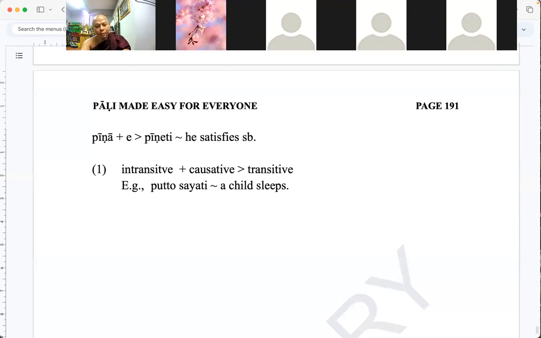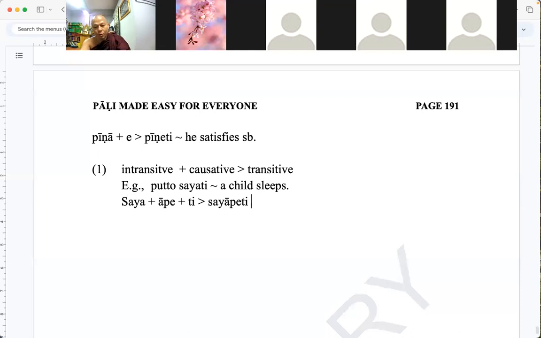That is intransitive. But the Saya joining with the RB and then D, as the causative verb, we have the sayabiti.